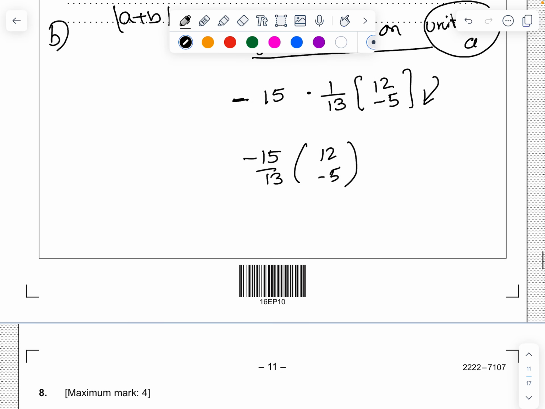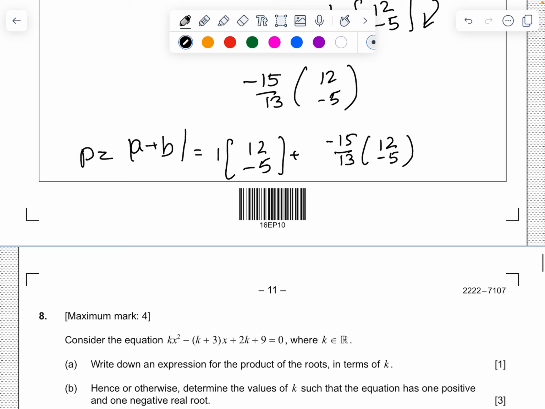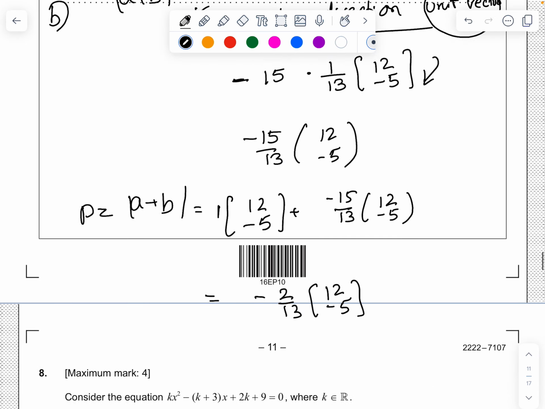Now A plus B: P is equal to nothing but A plus B. So A is (12, -5) plus B is -15 upon 13, (12, -5). So what does that become now? Minus 2 upon 13, (12, -5). This is the value of P, and that's going to be the answer. You can simplify it or you can just leave it over here.